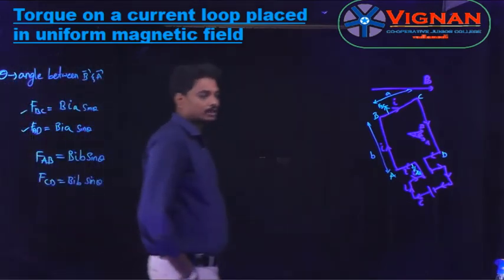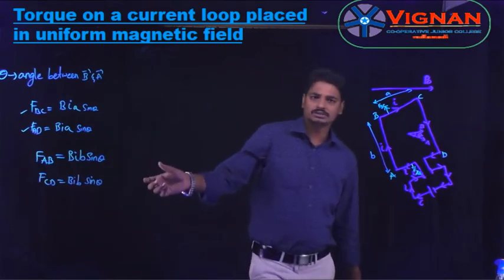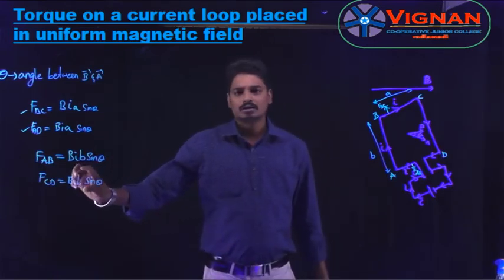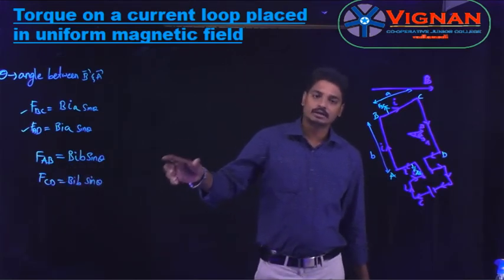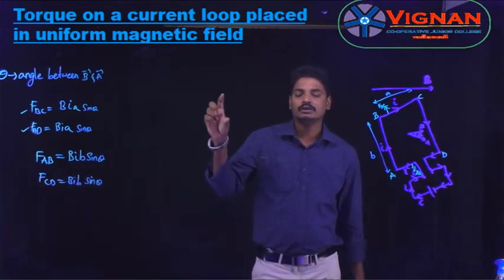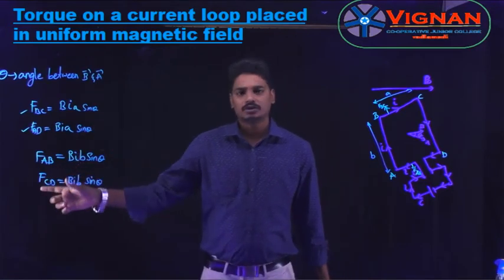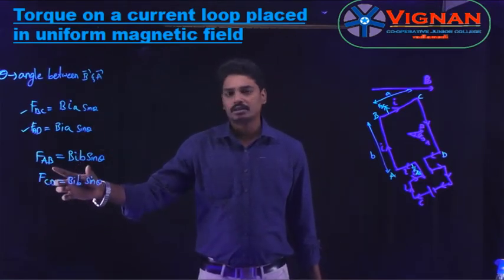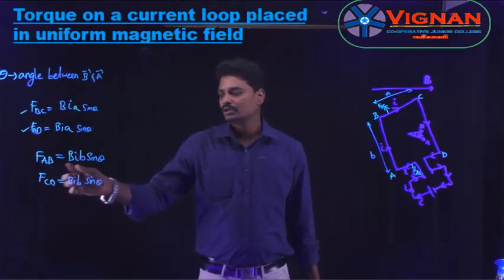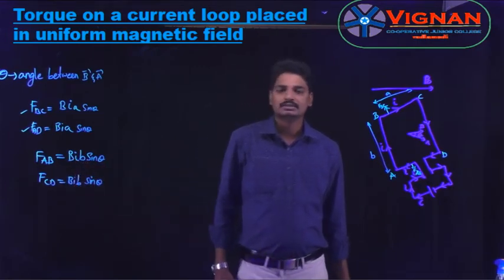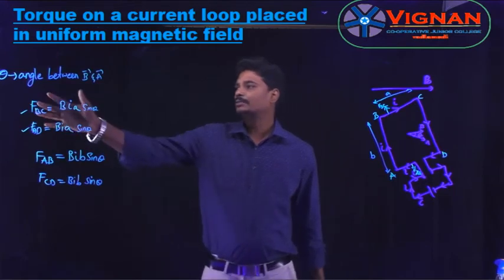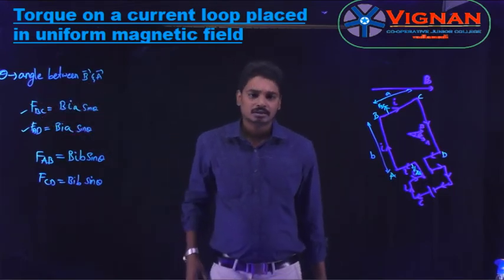Now, only the magnitude of the forces. How this formula for the force on a conductor placed in a uniform magnetic field is derived, I have explained in our earlier sessions, so I am directly writing the formula. FAB is equal to BIB sin theta, FCD is equal to BIB sin theta. Here theta is the angle between B bar and A bar.